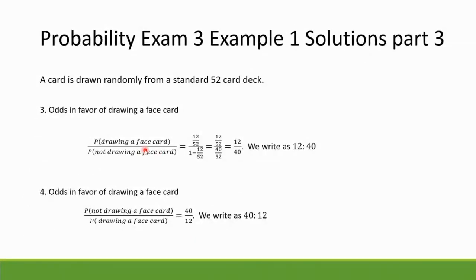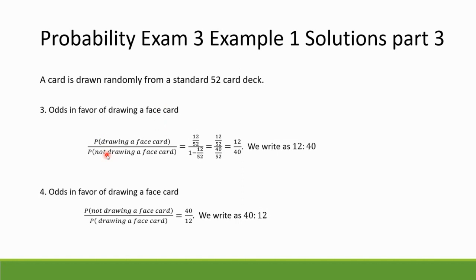Now, there was also this notion of odds. The odds in favor of an event, there's different ways of finding it. One way is the probability of the event occurring divided by the probability that the event does not occur. That's just the definition.